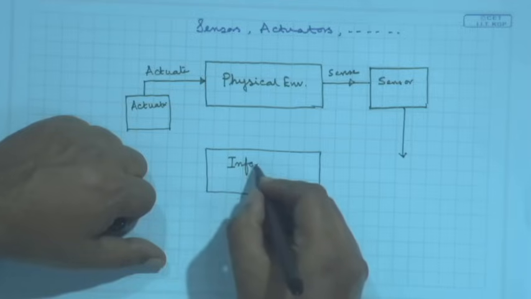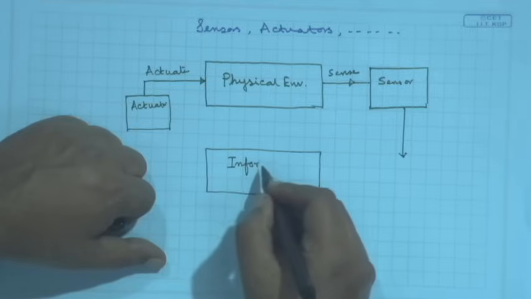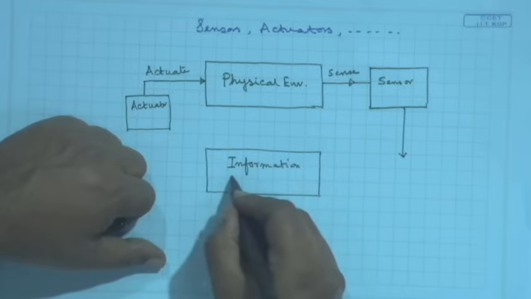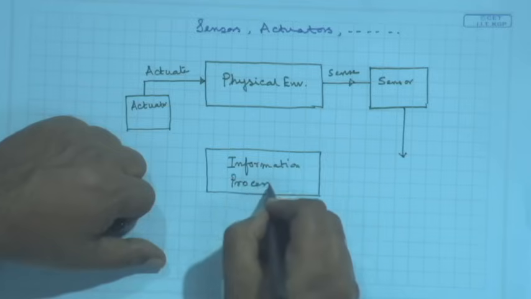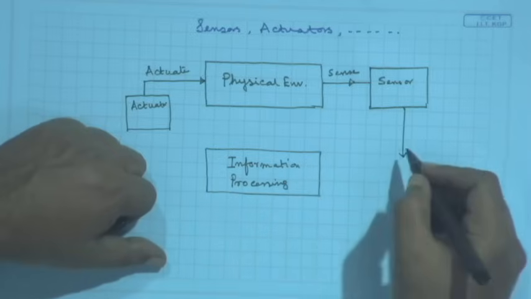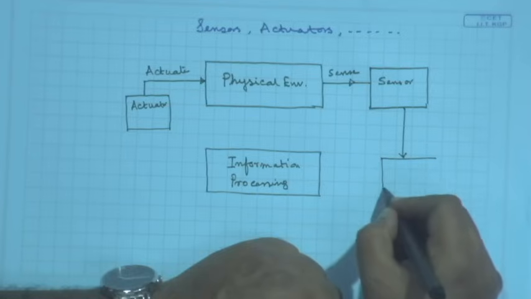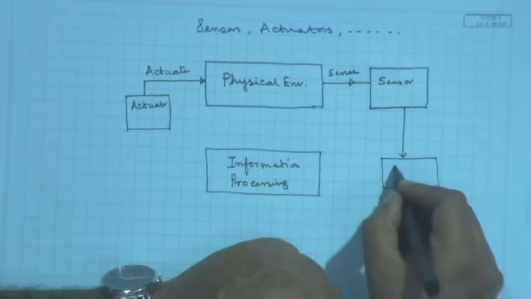Later on we will see that it is also a controller for some applications. Often it is needed that this information processor gets the signal in digital form.